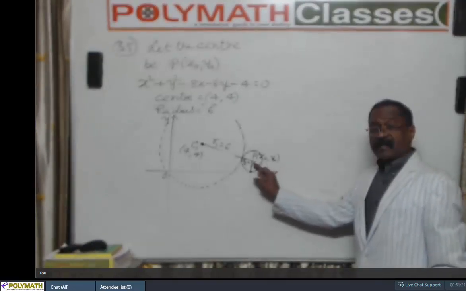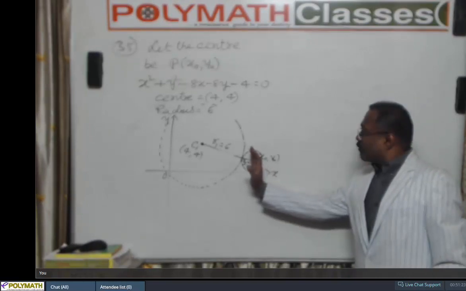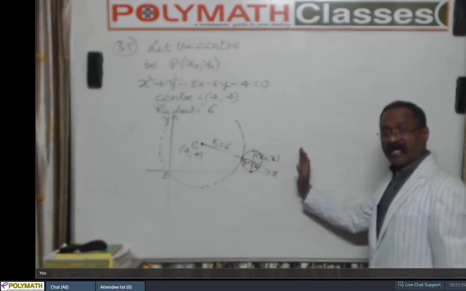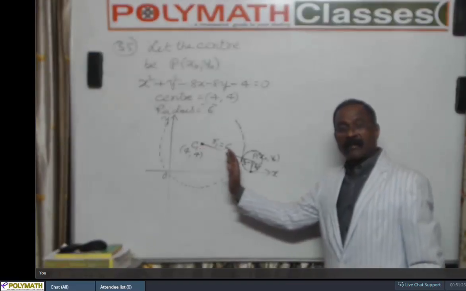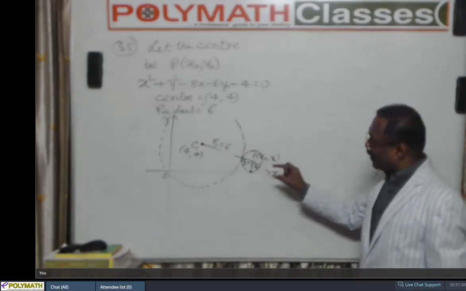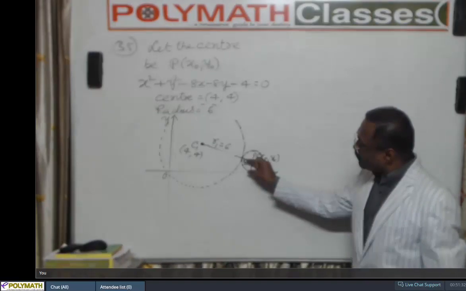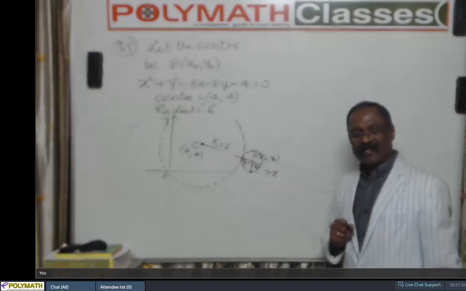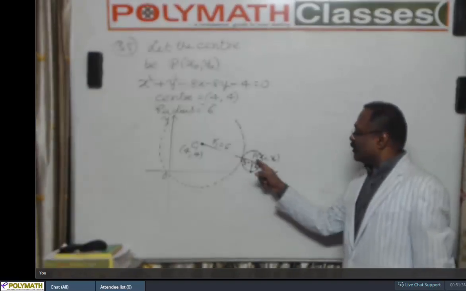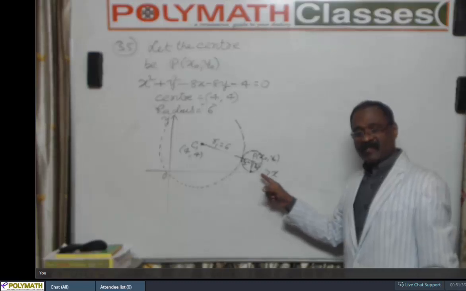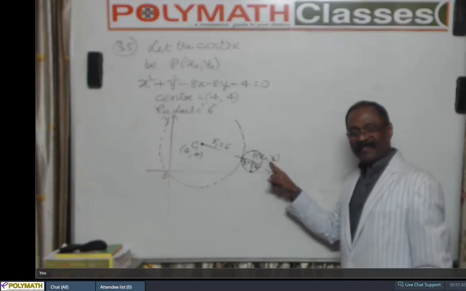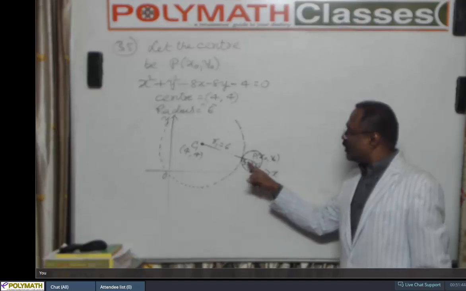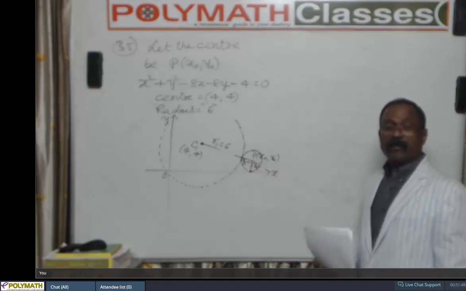When a circle touches the x-axis continuously, that is, when you roll this circle on the x-axis, the parameter that won't change is the y-coordinate of the center. That's the reason why the radius of a circle which touches the x-axis becomes the modulus of the y-coordinate of the center. So that is why the radius becomes |y₀|.